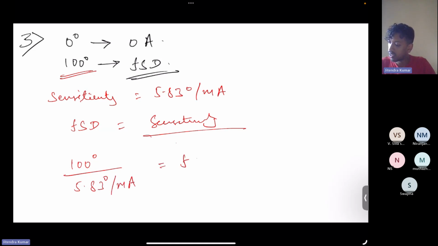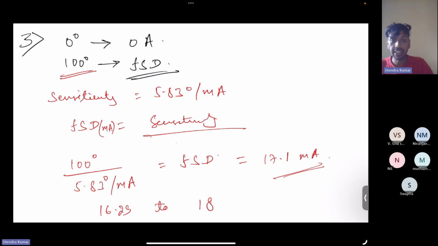So that would be your FSD, isn't it? And FSD in milliampere, how much will it be? 17.1 milliampere, and that well lies within the range. The range was 16.29 to 18. So I guess you must have solved it.